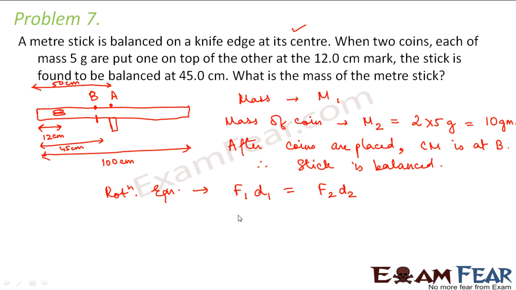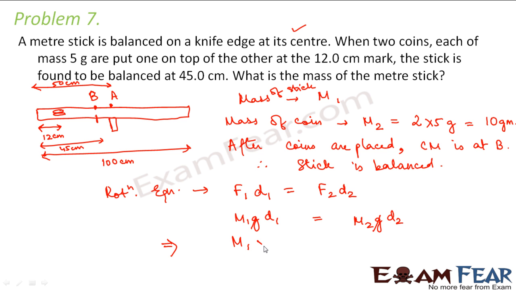So we can write M1 g D1 is equal to M2 g D2. The g and g get cancelled, so M1 D1 is equal to M2 D2. M1 is the mass of the stick, which we have to calculate.